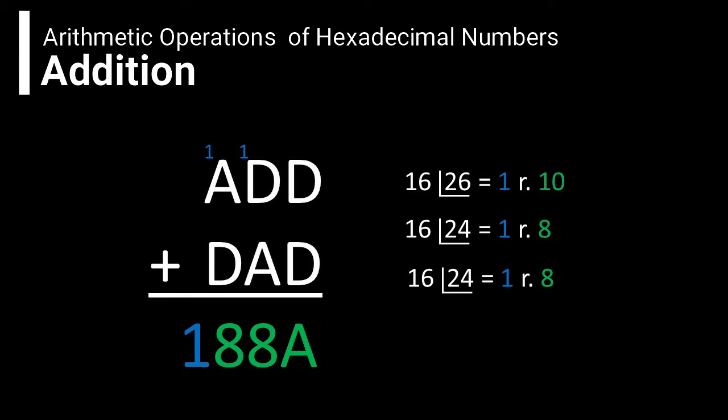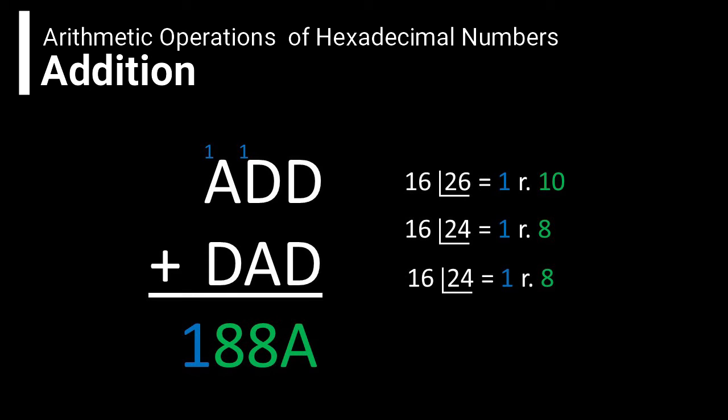So D is 13, A is 10, plus 1 is equivalent to 24. So translate it. 24 divided by 16 is 1 with the remainder of 8. Then 8 and remain carried by 1. A plus D, which is A is 10, then D is 13, then 10 plus 13 plus the carried 1 is equivalent to 24.